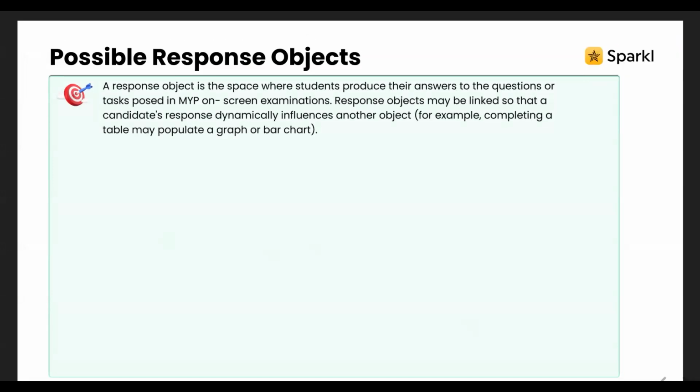Okay. Could you repeat the question? What are the different, you guys can see my screen, right? The presentation right now? Yeah. Yes. So we are going to talk about the possible response objects that we have for our exam, right? So for the on-screen examination, what all different interactive elements do you have? Whatever you know about it.